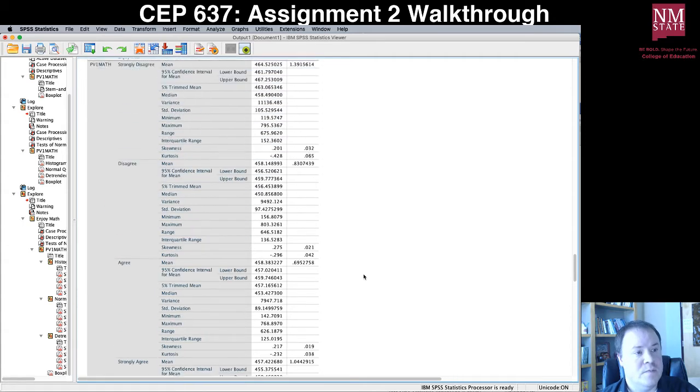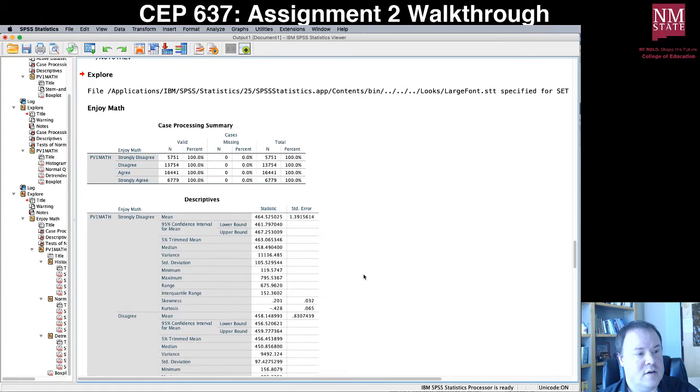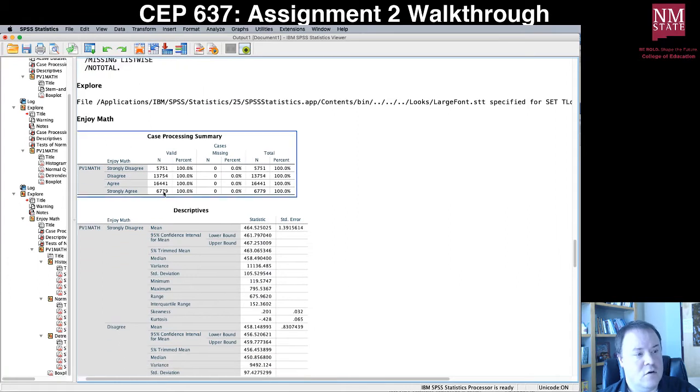Now, it's also important to keep in mind these grouping sizes. So the strongly disagree group is the smallest group, which is about 1,000 people smaller than the next smallest group, which is strongly agree. So we would expect smaller groups to perhaps have wider varying standard deviations than the bigger groups.